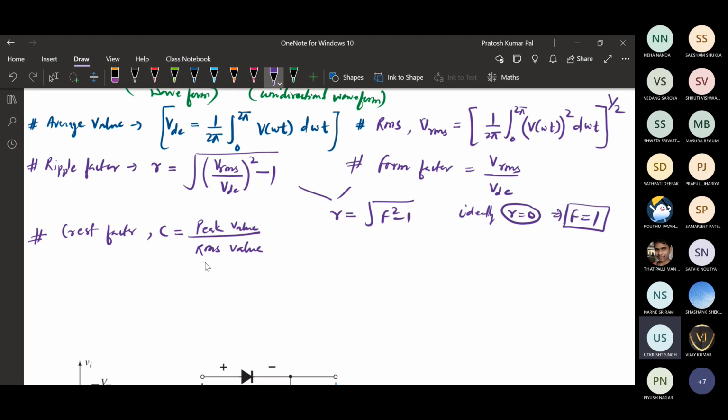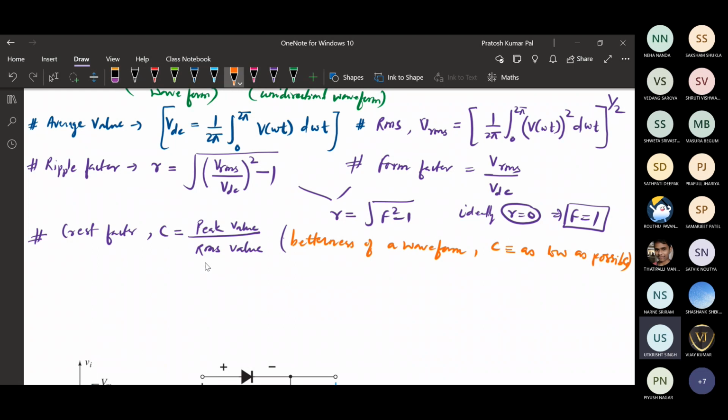So the betterness of any waveform is basically decided by the crest factor, and this crest factor should be as low as possible.